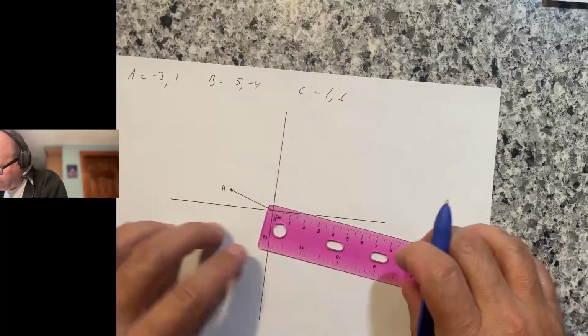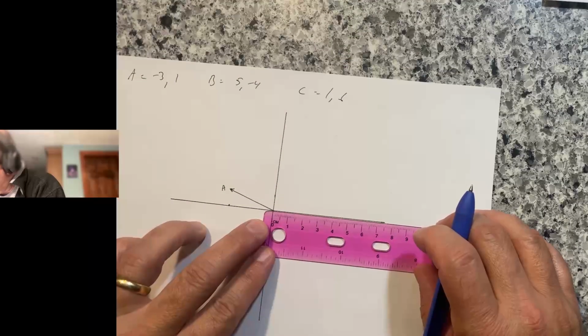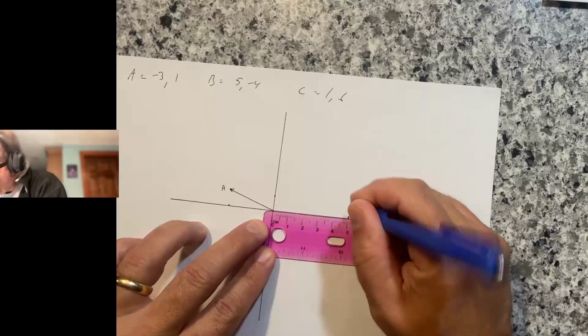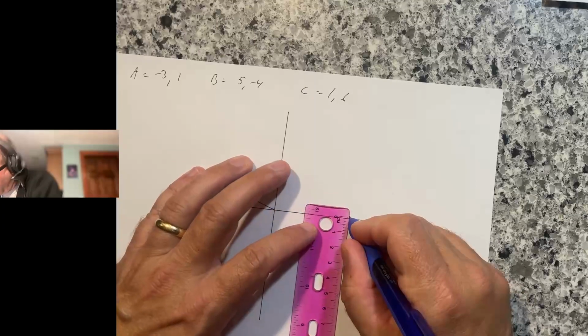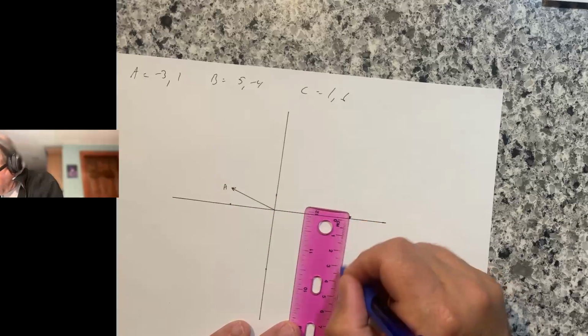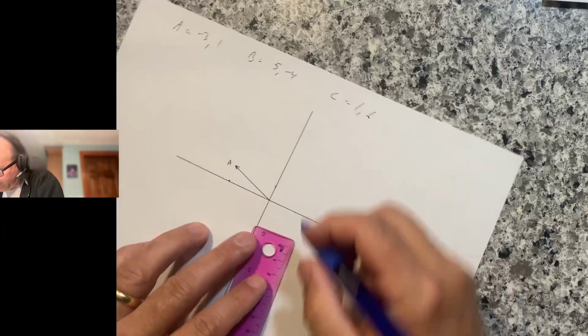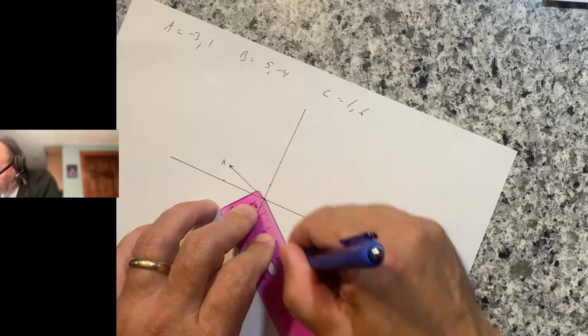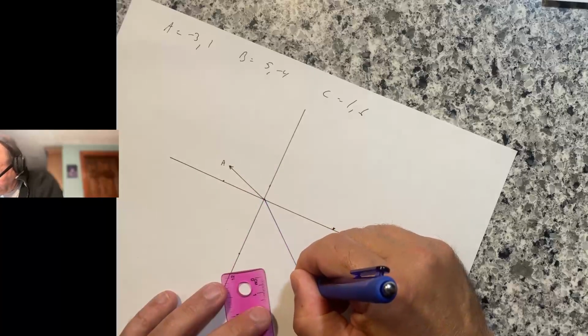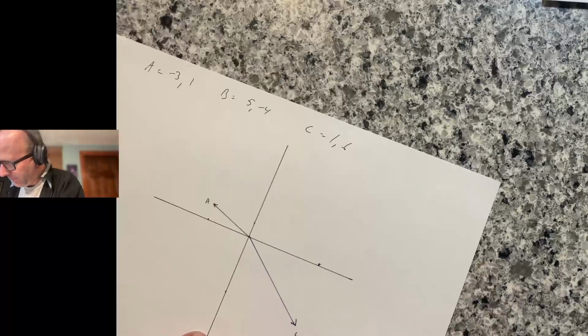And then 5, so this is almost going to be a 45-degree angle. So 5 and 5, and then -4 basically straight down would look like this. And so B would look like this. Okay, so this is B.